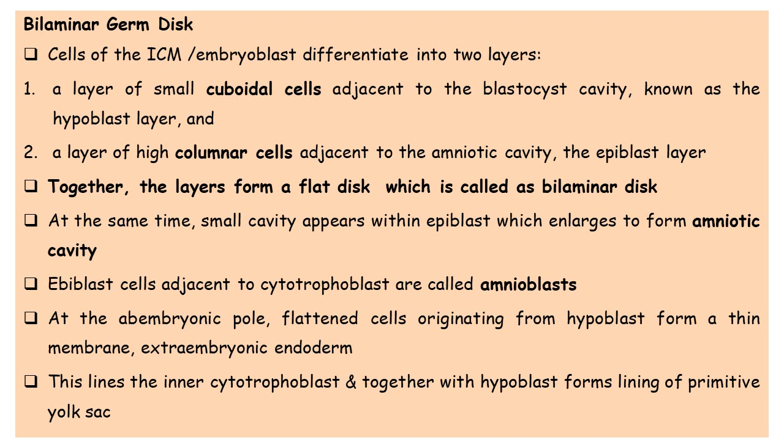Now the cells from the hypoblast divide, and they rearrange themselves at the blastocoele region, or abembryonic pole region, and form a continuous layer, and that layer is called the extra embryonic endoderm. This lines the inner cytotrophoblast, and together with the hypoblast forms the lining of the primitive yolk sac, and this is visible in the next slide.